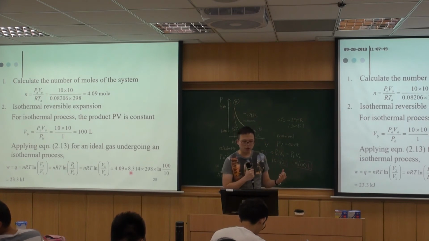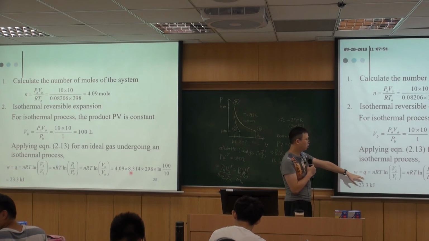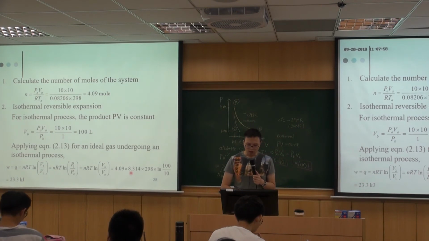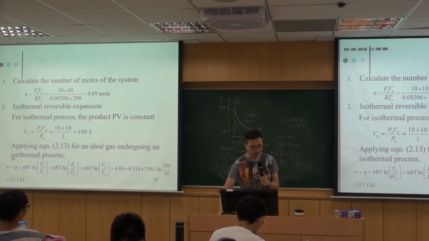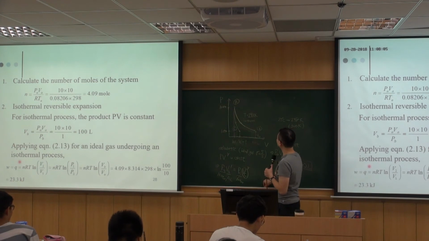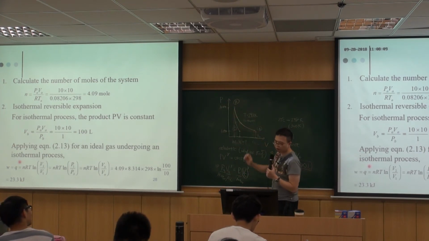But if you're trying to calculate energy, then the gas constant that you're going to use will be 8.314. Okay, so it turns out that the work done by the system is 23.3 kilojoule, which is the area underneath this curve.